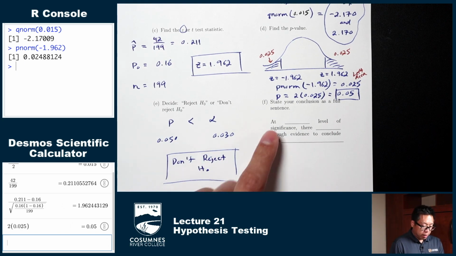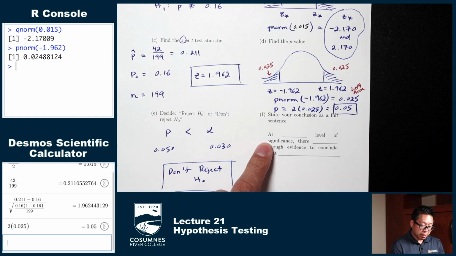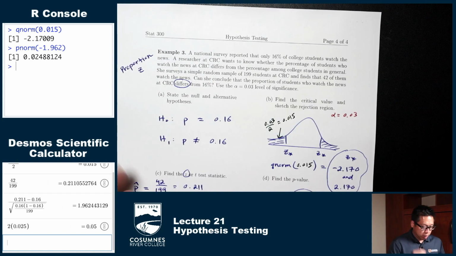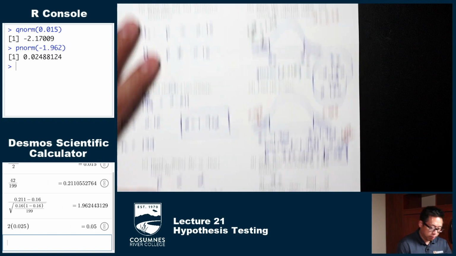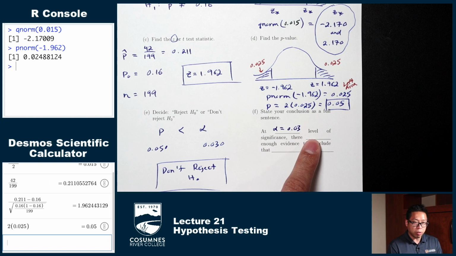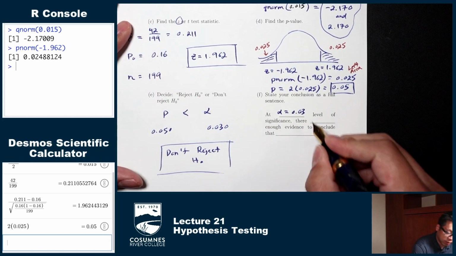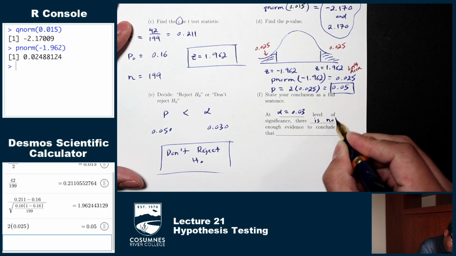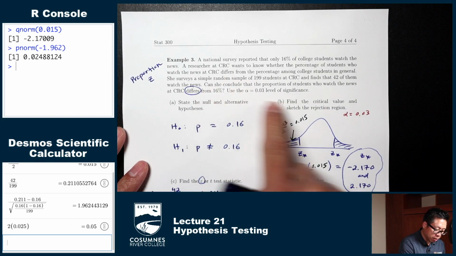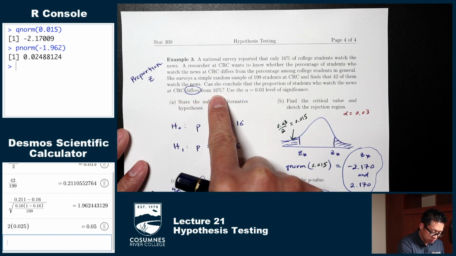Part F. So we're deciding whether we can say that H1 is true. At, state your significance level. So at alpha equals, our alpha here is 0.03 level of significance, there is or is not. Okay, because we did not reject H0, there is not enough evidence to say that H1 is true. To conclude that, and then I usually go back to the sentence here: can you conclude that the proportion of students who watch the news at CRC differs from 16%?